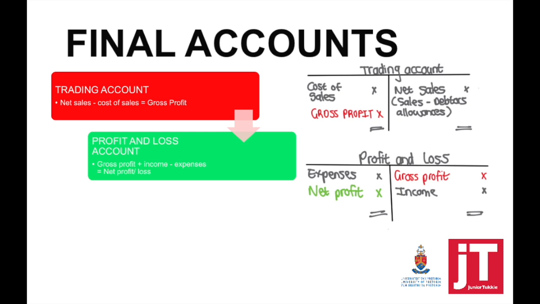So if I'm looking at my final accounts, the final accounts consist out of the trading account, in which we calculate the gross profit, and the profit and loss account, in which we calculate the net profit or loss for this accounting period. So in our ledger accounts, we would always have in our trading account our sales minus debtors allowances equals our net sales minus cost of sales equals my gross profit.